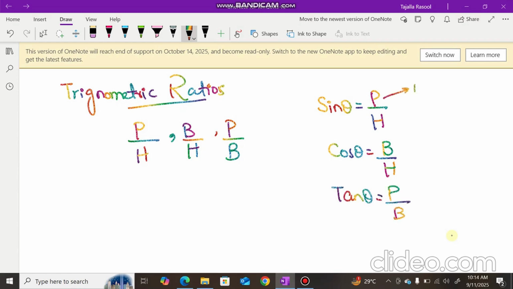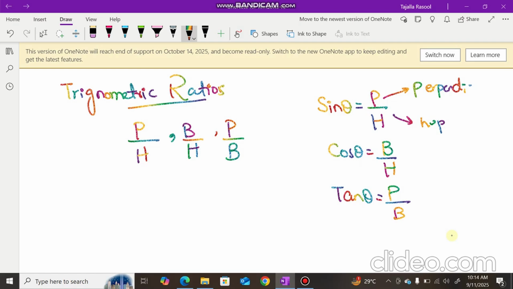So P for perpendicular, H for hypotenuse, and B for base. These are the ratios of the sides, like perpendicular over hypotenuse, base over hypotenuse and so on.